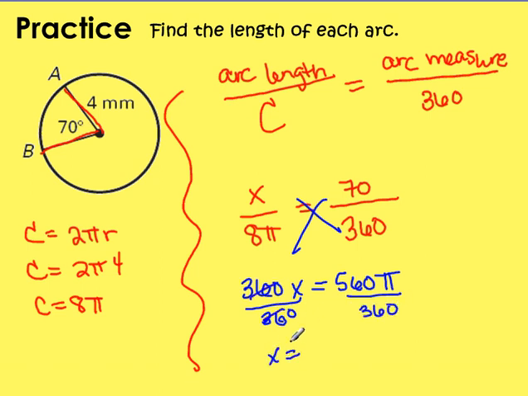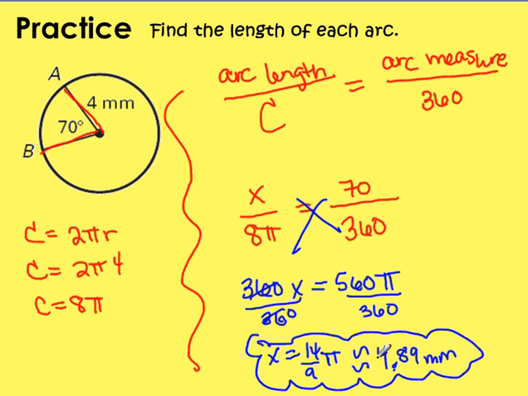And x would be equal to whatever 560 divided by 360 in fraction form, which is 14/9, which just simplifies this portion, but we still have pi to multiply it with. If you wanted an approximate answer, then that's where we can go ahead and multiply our 14/9 by pi, which would give us about 4.89, and our units for this is millimeters.